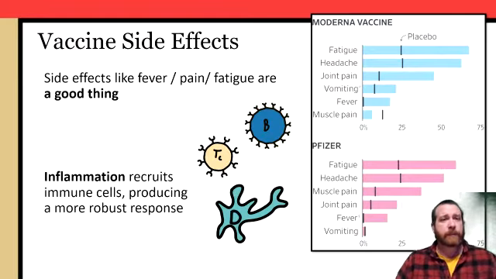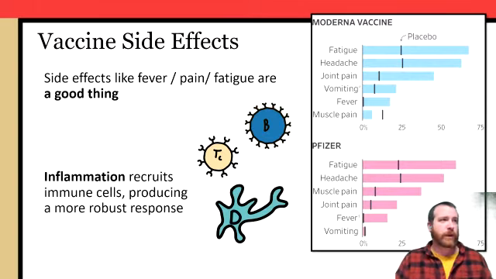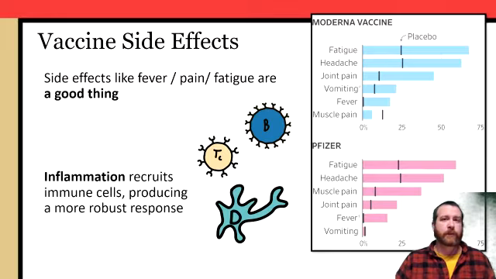So the side effects that we were talking about: nobody wants to feel bad after a vaccine, but we really should consider these as good responses. We want an inflammatory response. I don't feel good when I have joint pain or a headache, but I feel that way because I'm inflamed, because my immune system is ramping up to fight a pathogen.